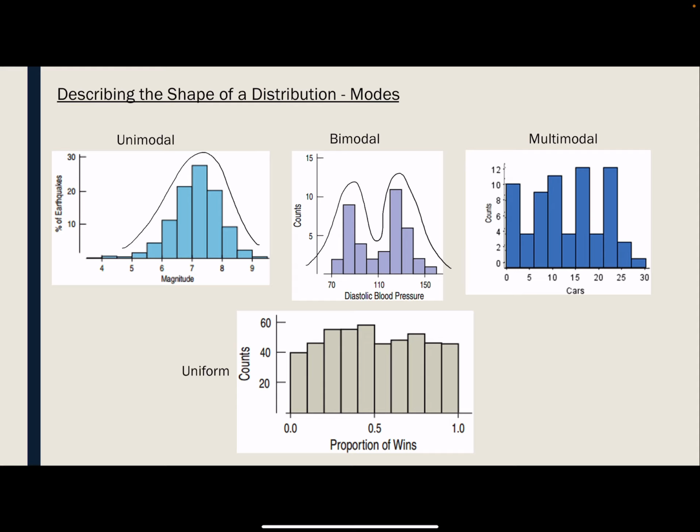So we have unimodal, bimodal, and then this last one is multimodal, and I don't even know if I can draw it here, but you can see that there's a lot of humps going up. Uniform means that it's basically the same all the way across. And again, I'm going to go back to that idea of nothing's perfect in statistics. So it's going to be very rare that you see every bar straight across. But you can see that with this distribution, it's pretty close to uniform.